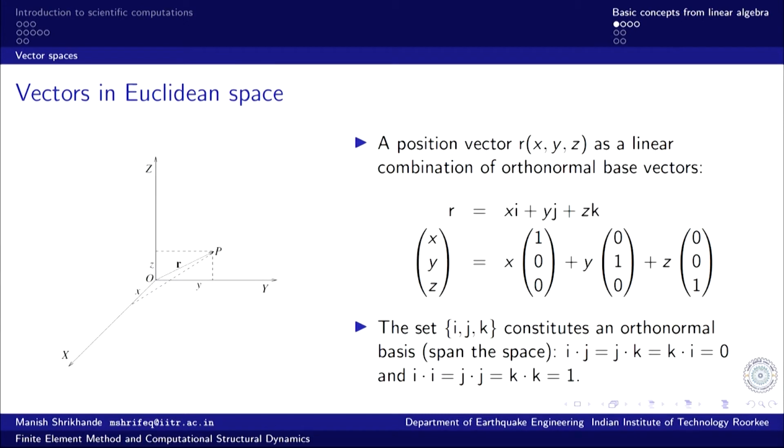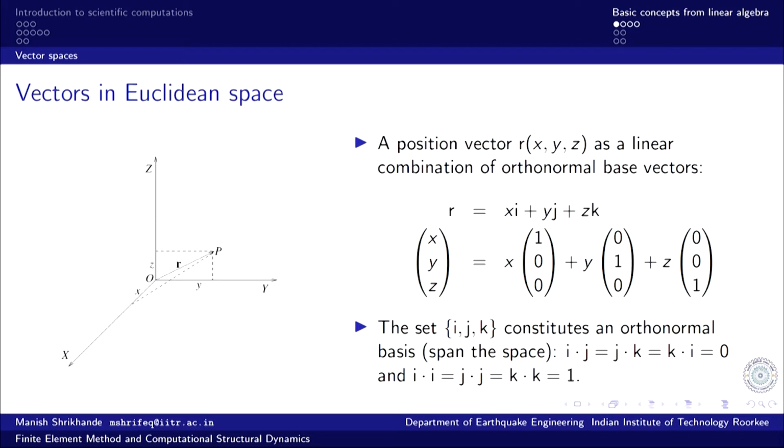So, if I have this position vector r, I take its projection along the x axis, along the unit vector i, and that gives us the x coordinate. I take the projection along unit vector j, that gives me the coordinate y, and I take the projection along the unit vector k, along the z direction, and that gives me the coordinate z.